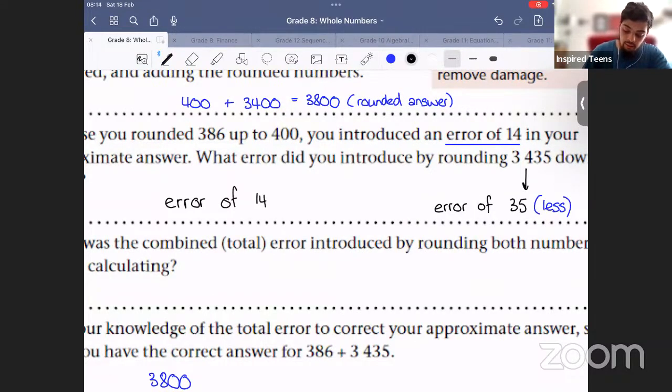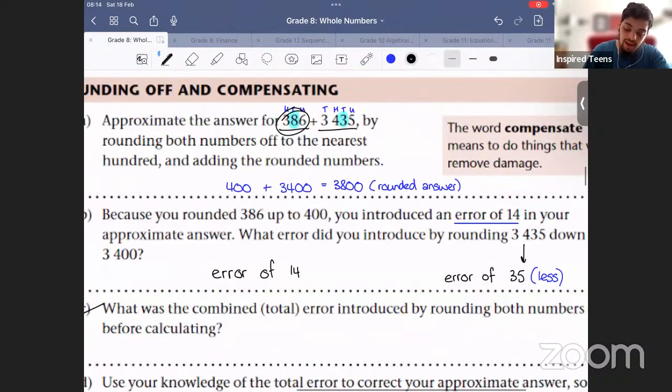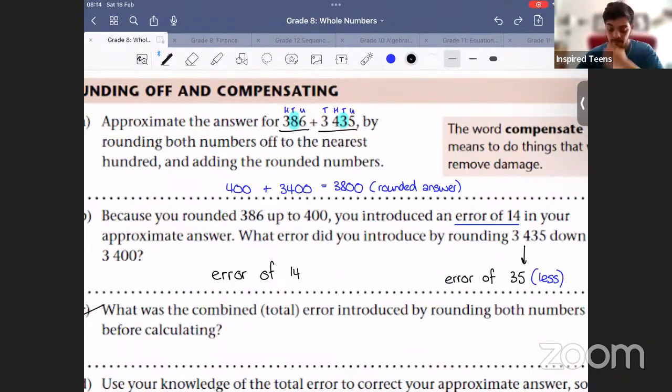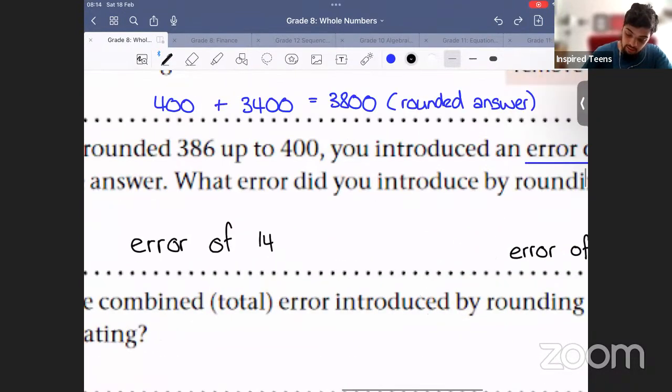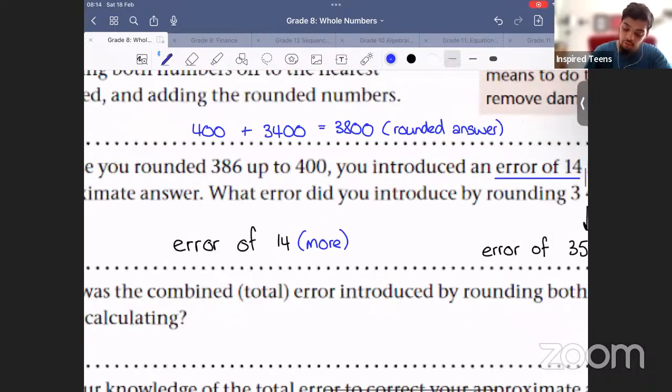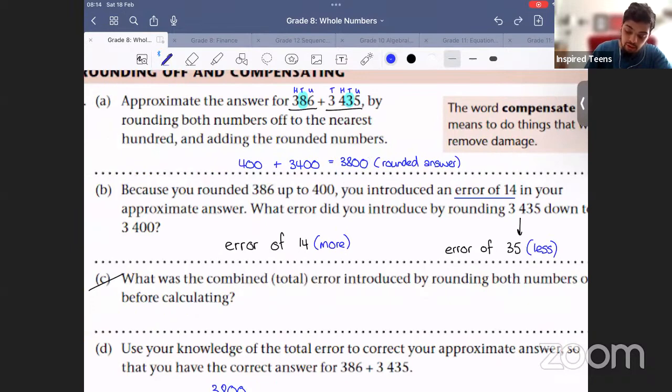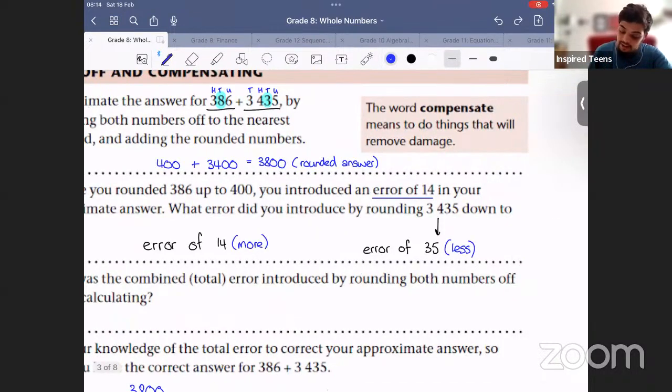But remember, with 14, we added that 14 to get to 400. So there's 14 more than we should have. That answer is 14 more than it should be because of our rounding. Because we added 14 and we got 400, this answer is 14 more than it should be, and it is also 35 less than it should be.